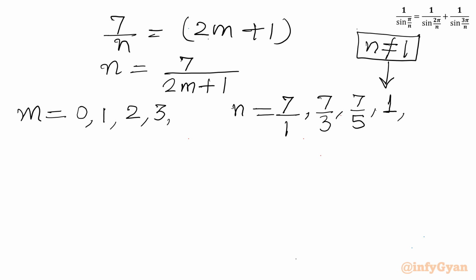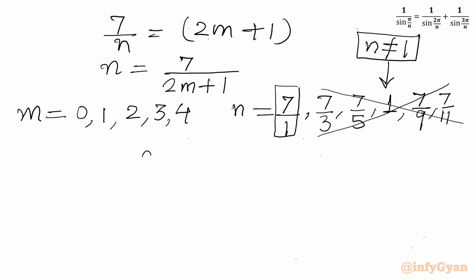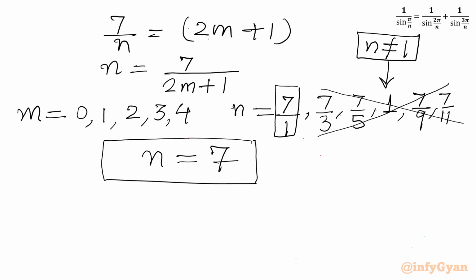If I increase the value of m to 4, the denominator will be bigger, so every time we will get fractions: 7 over 9, m equal to 5, 7 over 11, m equal to 6, 7 over 13, and so on. So these values will be rejected. Only n equal to 7 will be accepted as a positive integer. So our answer will be n equal to 7.